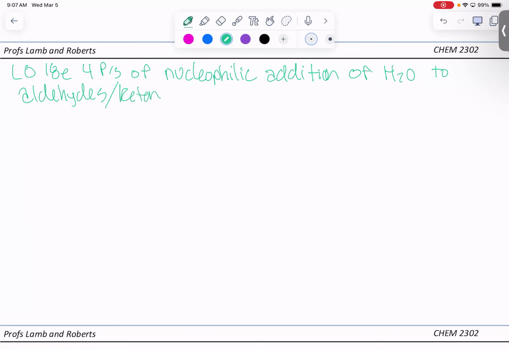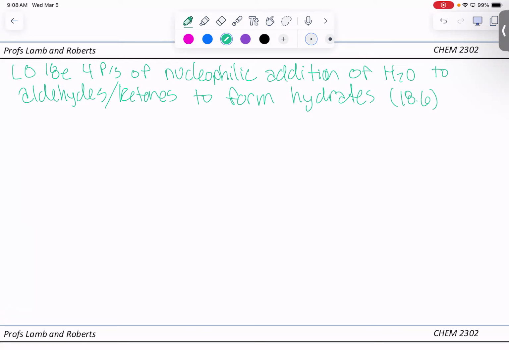So that's going to be our electrophile. And the functional group that we're going to form here is called a hydrate. That was one of the functional groups that I asked you all to think about at the end of last class. If you're following along, this is chapter 18.6.